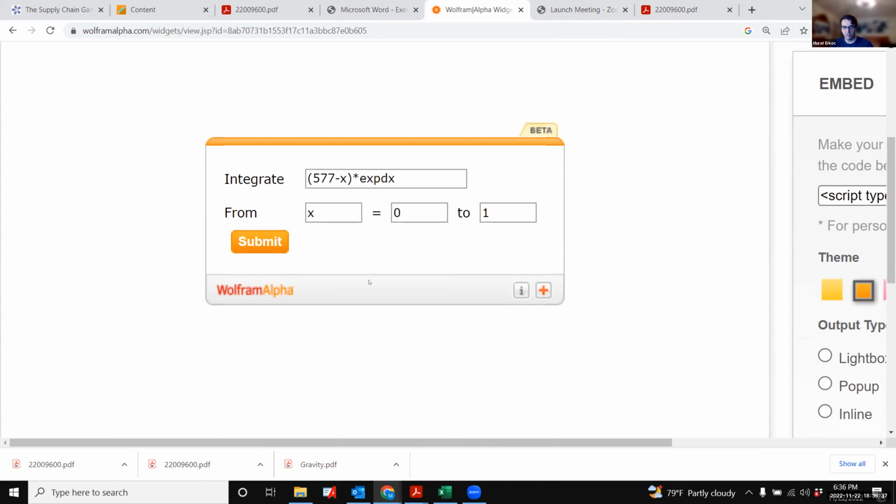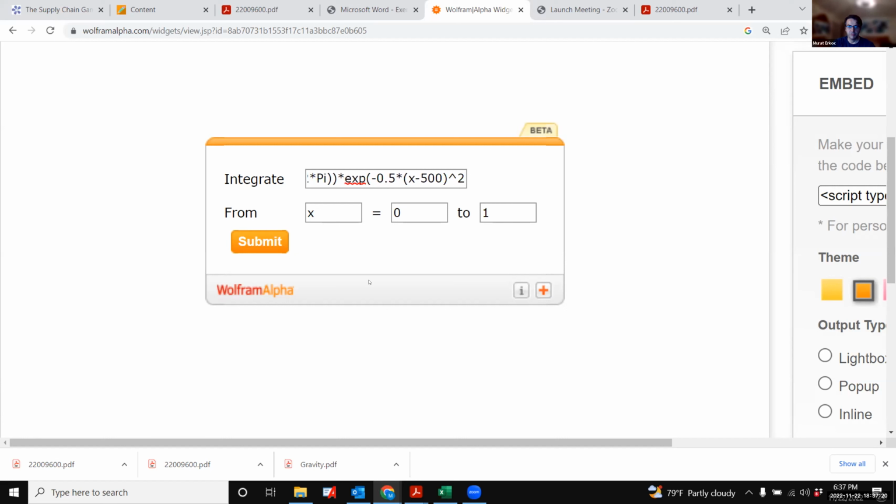My function is, remember, 577 minus x times, no, not exponential yet, divided by sigma, which is 100 times square root of 2 pi, times exponential now minus 0.5, that's 1 over 2 but I'm going to put 0.5 here, times x minus mu, where mu is 500, squared.